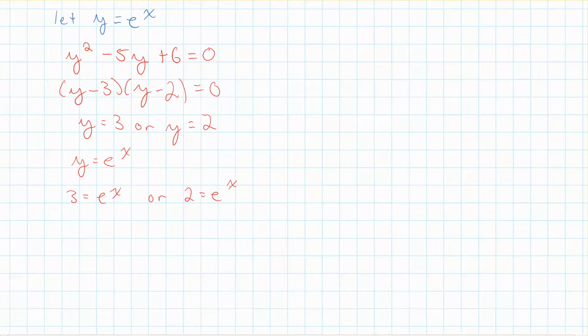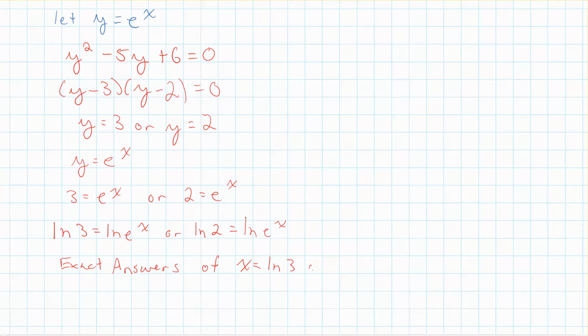And then applying the correct logarithm, which in this case would be the natural log, the natural log of 3 is equal to the natural log of e to the x, or the natural log of 2 is equal to the natural log of e to the x, which gets us the exact answers of x equals the natural log of 3, or x is equal to the natural log of 2.